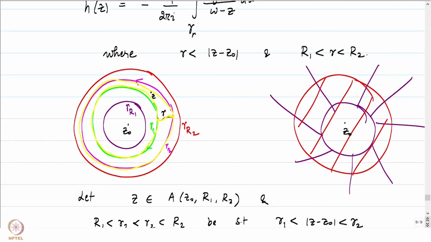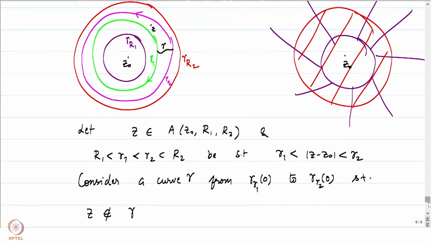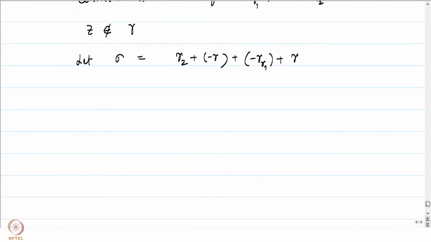So you start off at this point and you reach back. So this is a closed curve sigma, then sigma is a closed curve in A(z0, R1, R2).